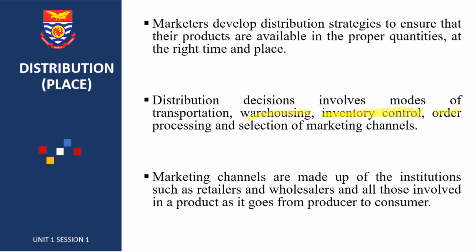It also looks at order processing, how an order can be processed from the invoice to the purchase order straight to the customer, and selection of marketing channels as to which medium the product should be transmitted to the customer. Marketing channels are made up of institutions such as retailers and wholesalers and all those involved in the product as it goes from producer to consumer.